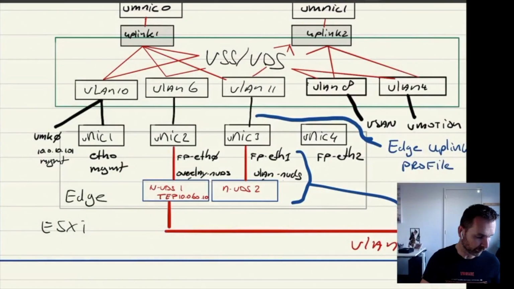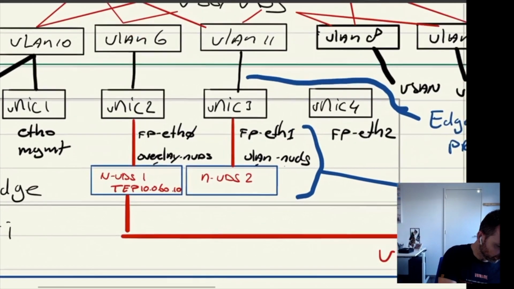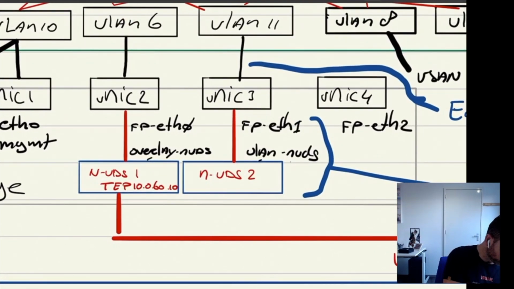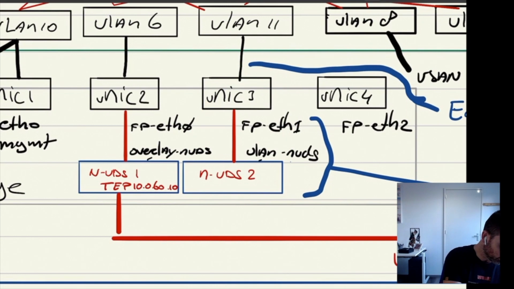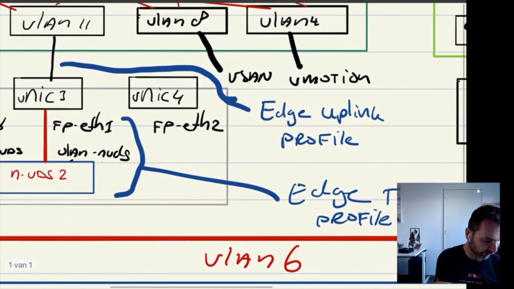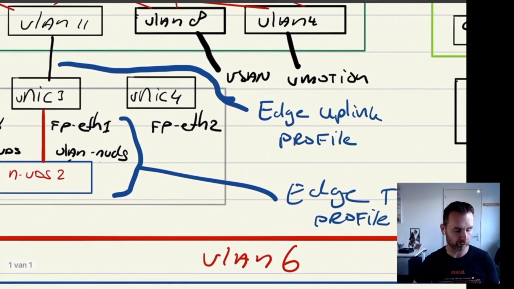So if we zoom in a bit, looking at this mapping, how do we map FP-ETH1 onto VLAN 11? That's done by a combination of the edge uplink profile and the edge transport node profile.